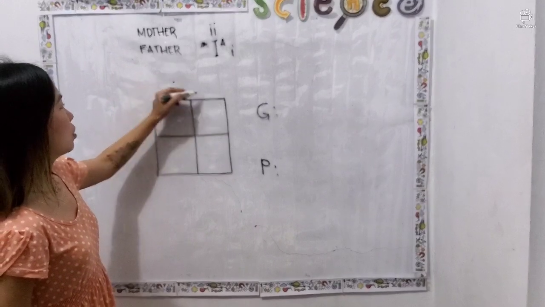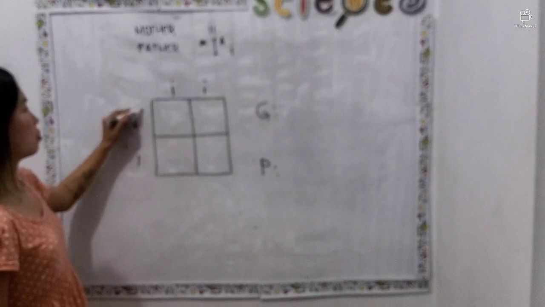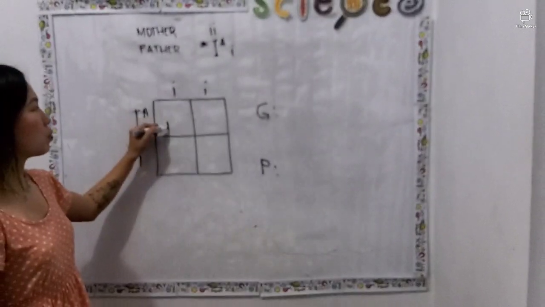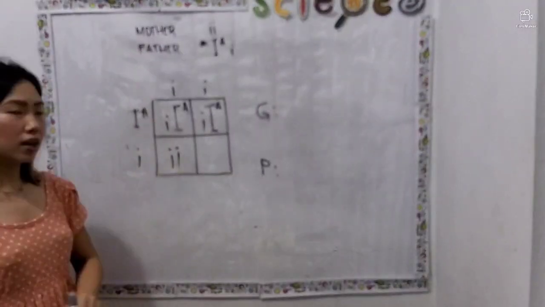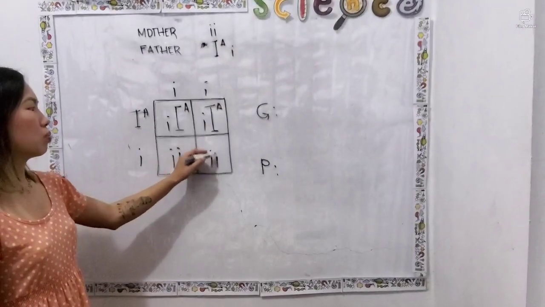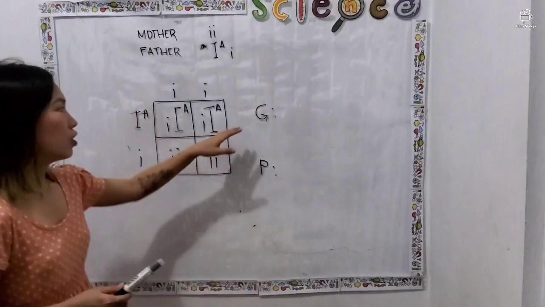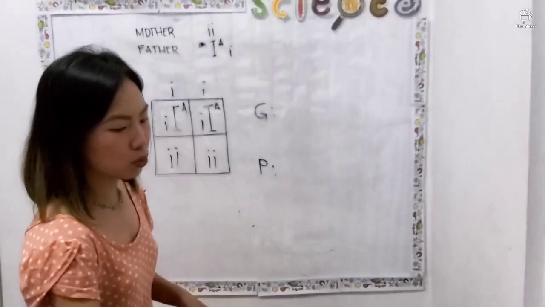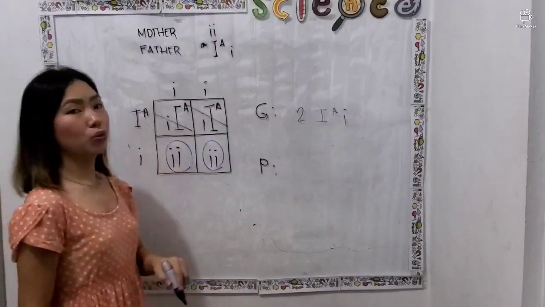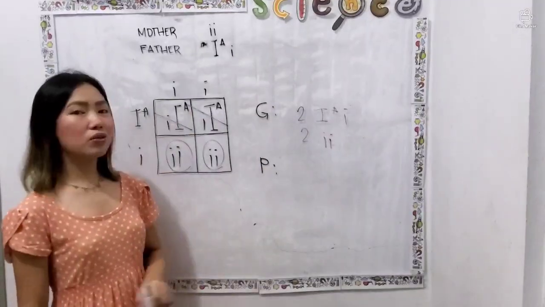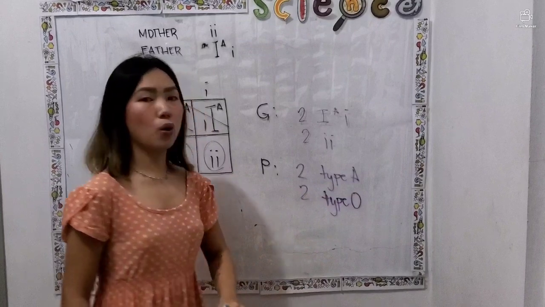So let us put the mother of recessive type O at the top and the father of heterozygous blood type A. So on the first box, we have small letter I and another small letter I. So kitang-kita naman sa resulta ng ating cross na on the genotypic ratio, we have just produced O blood.